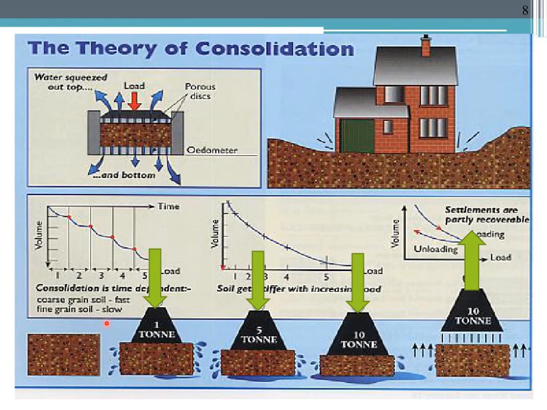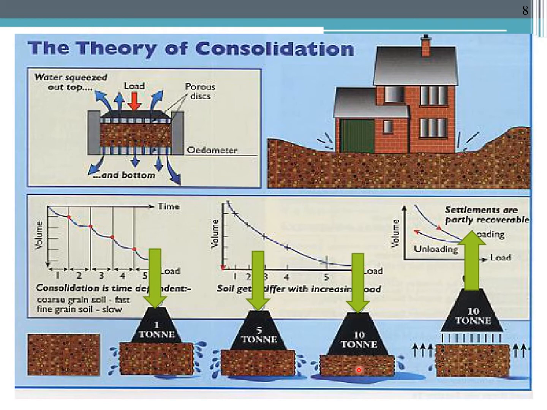This is the simple theory. For the first one, this is the initial soil, and then when we apply 1 ton load, the water is squeezed out, right? And then when we apply more, 4 ton to 5 ton load, the water is squeezed out more, and the soil is shortened or settled, right?